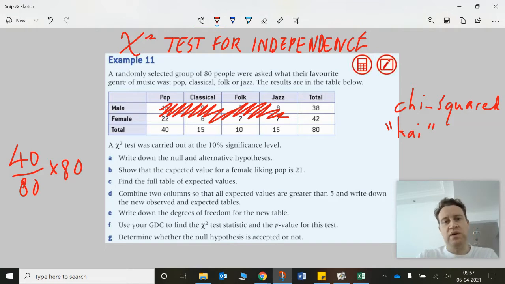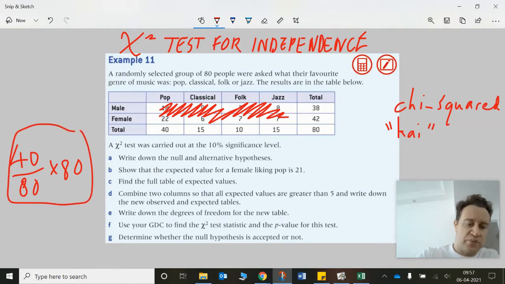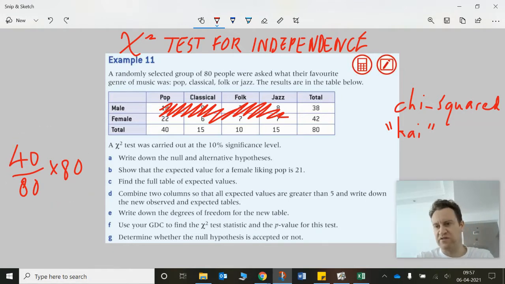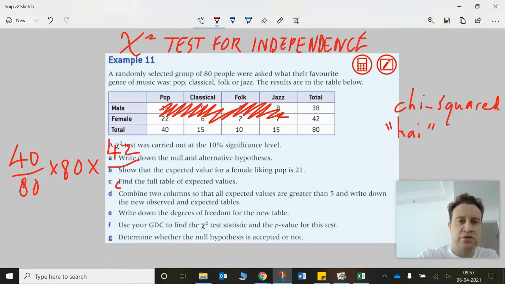But there's also a split between male and female here. If we wanted to know, for example, the number of females who like pop music, we also know that there are slightly more females in the survey, so we'd expect them to be slightly more represented in that section as well. So the number of people who like pop music is a half of 80, and then times by the fraction who are female, 42 out of 80.